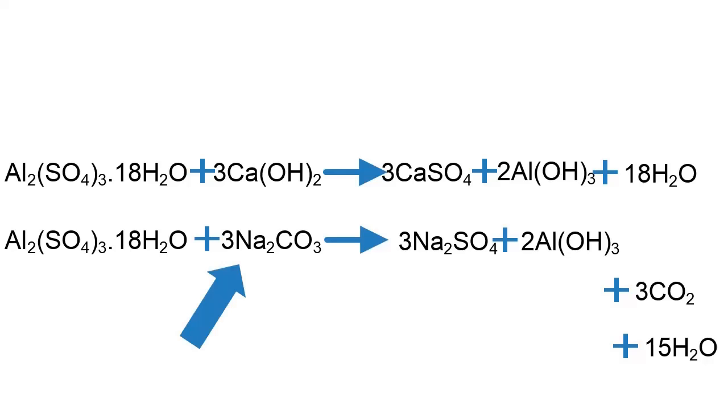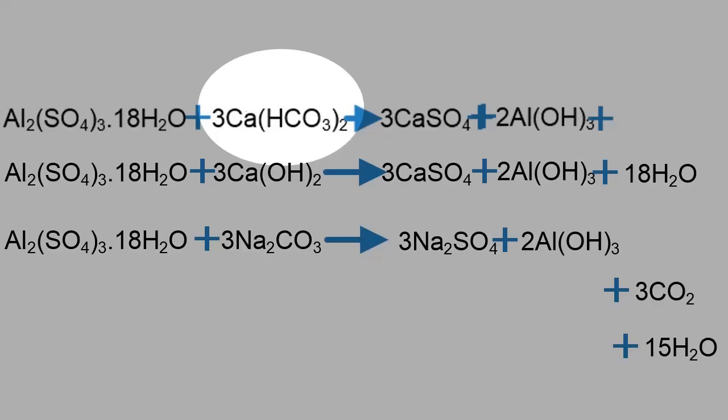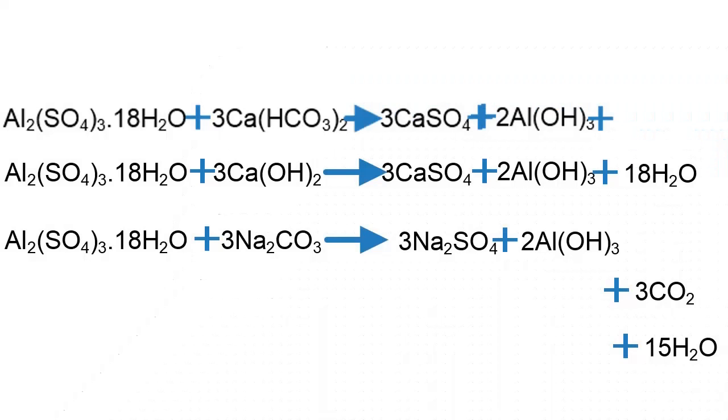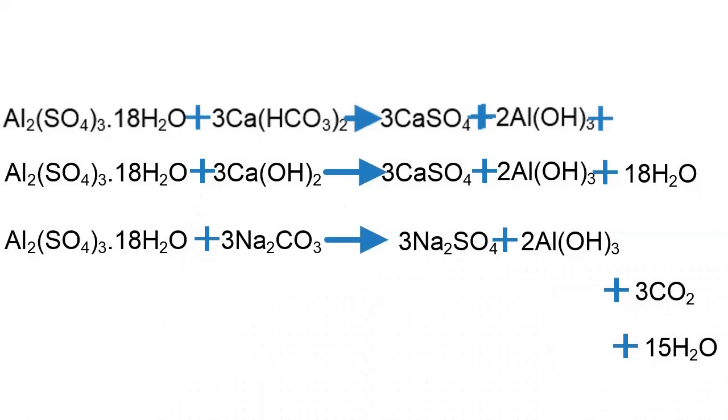Then again the question comes, the fourth question. If this is also not there in the water, see, calcium bicarbonate must be there for this reaction to happen. Calcium hydroxide, as an alternative, should be there. If that is not there, then sodium bicarbonate should be there. If that is also not there, then what to do? Then you need to add that content externally to the water, that is calcium, which we call lime.